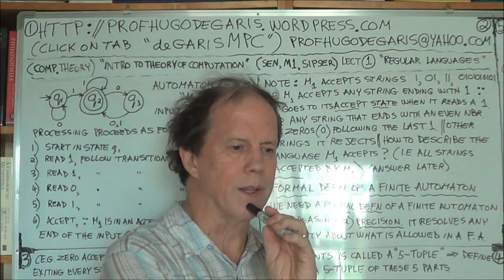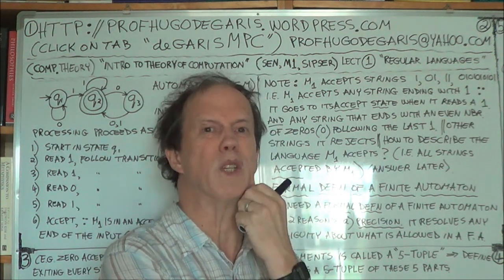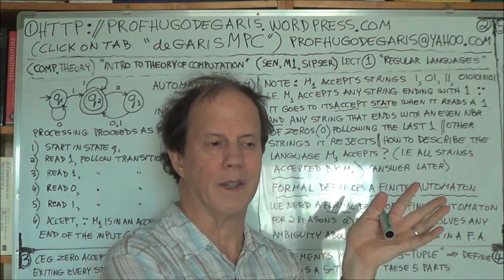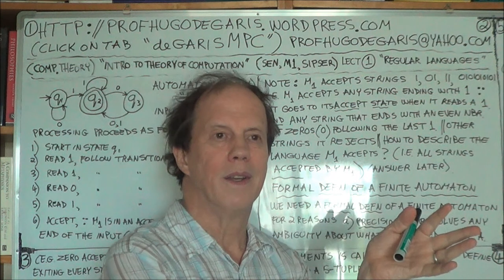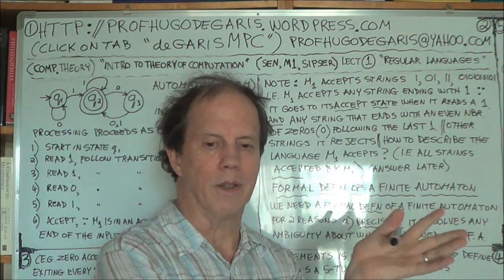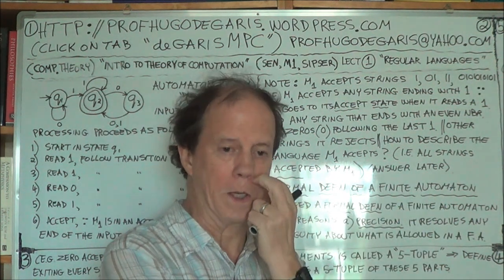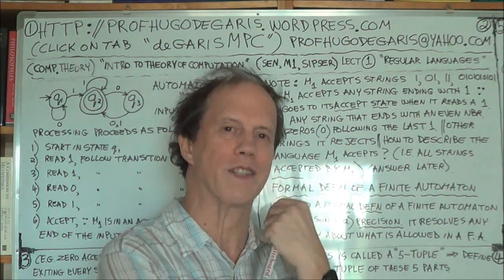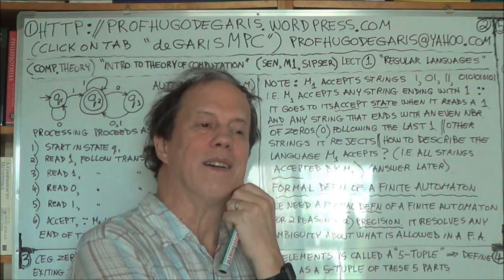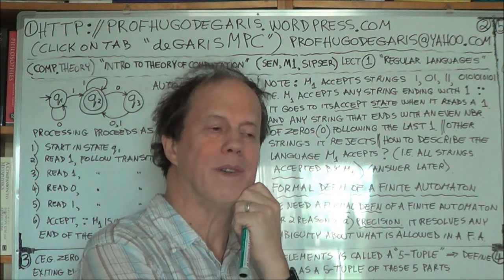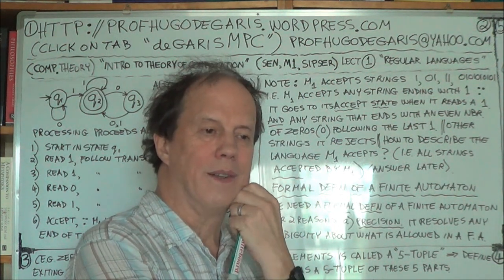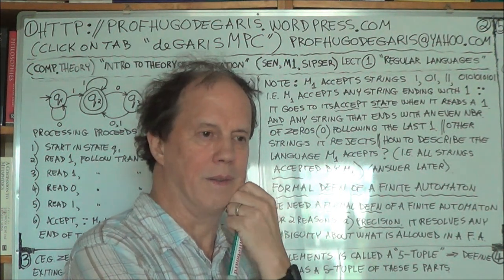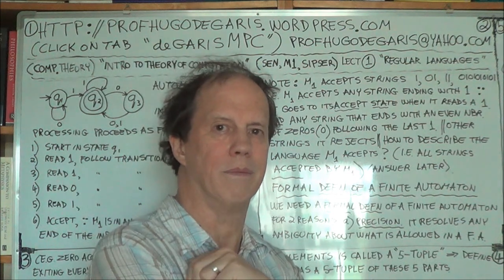It's sort of like if you've done any artificial intelligence and machine learning, you could be given a whole bunch of strings that are accepted by the automaton and a whole bunch of strings that are not accepted, and then your machine learning program has to discover some rules about the strings that are accepted that differ from those that are not accepted.